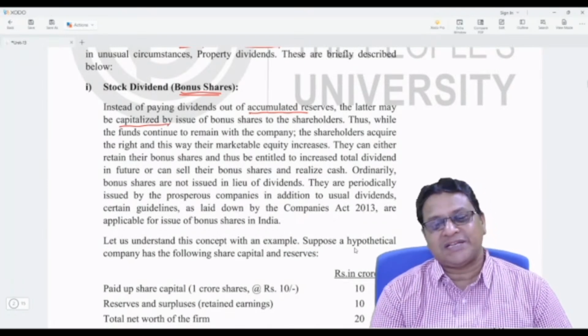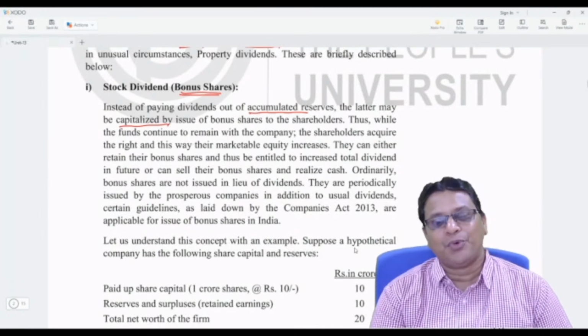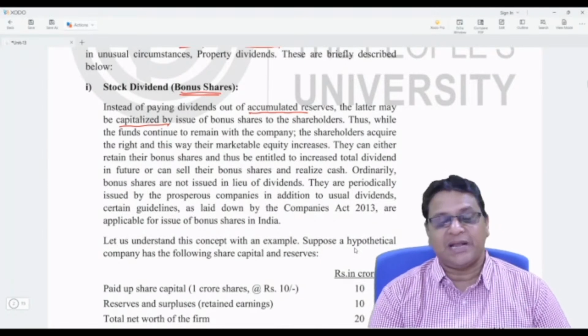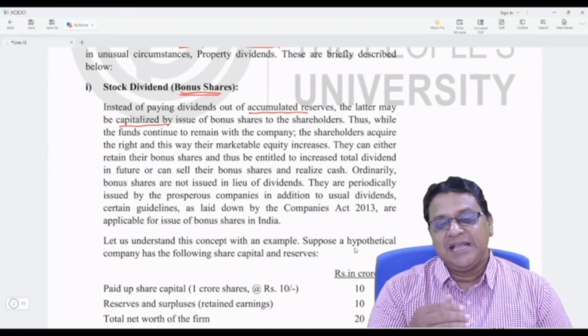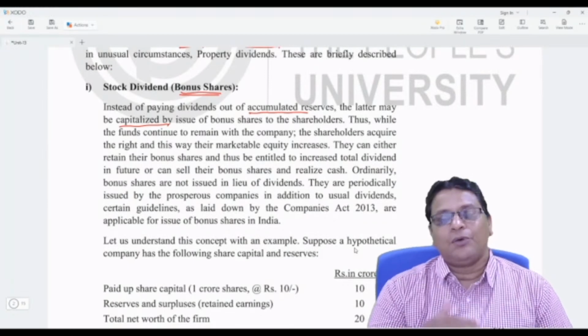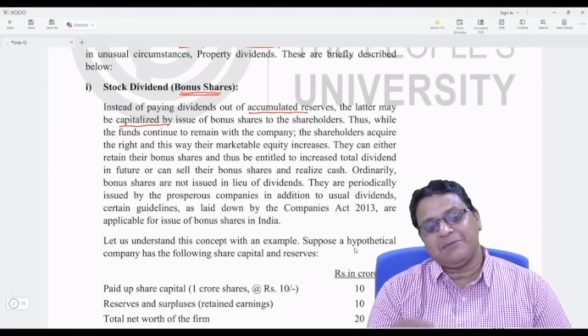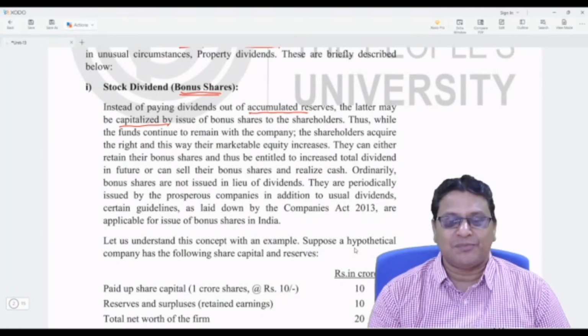If a company decides to pay dividend in the form of bonus share, the cash flow of the business is not affected. So it's a way of making payment of dividend without affecting the cash position of the company.